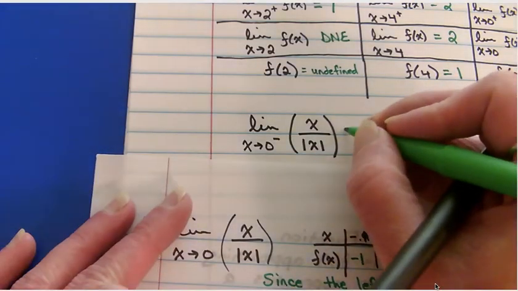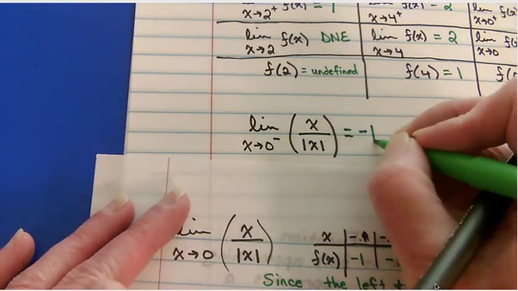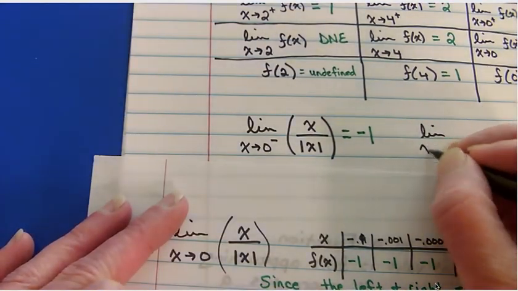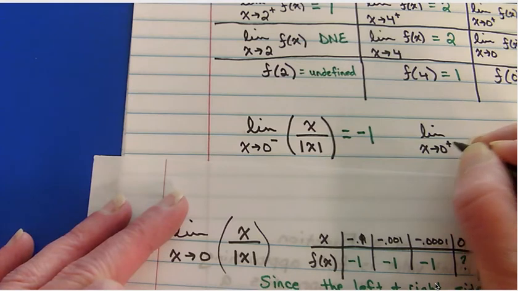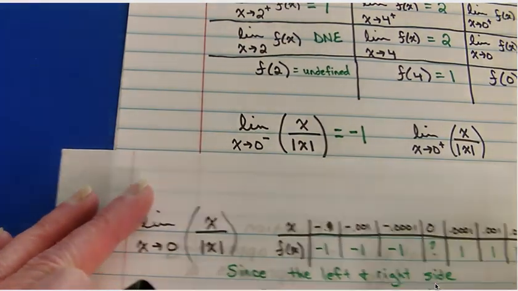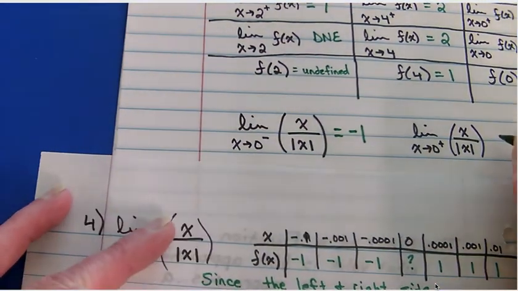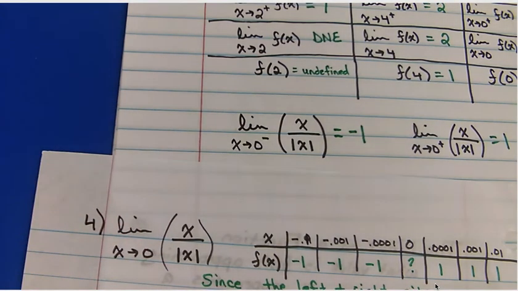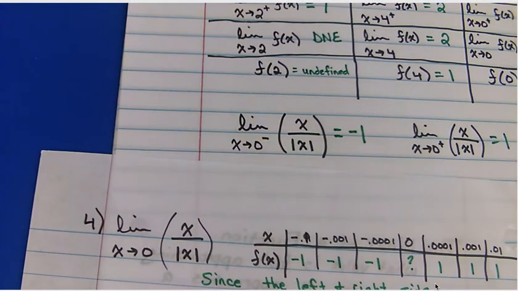It was approaching -1. If I'm coming at 0 from the right side, it's approaching 1. So that's how we can use this notation of left side and right side limits.